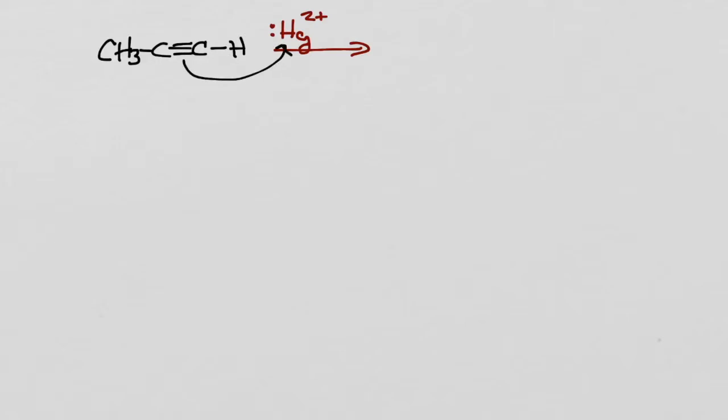The nucleophilic alkyne is going to attack the mercury, giving us this kind of strange vinyl carbocation, with the mercury going to the less substituted end of the carbon-carbon double bond and leaving a carbocation right here.